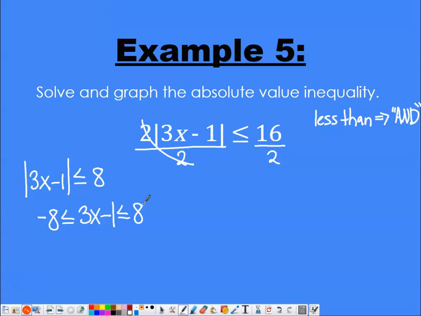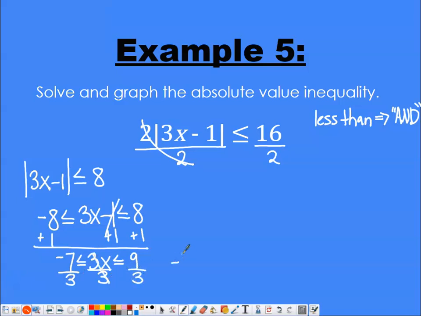Now we just have to solve. Add 1 to the left, center, and right. So here we have negative 7 less than or equal to 3x less than or equal to 9. And then divide. So we have negative 7/3 less than or equal to x less than or equal to 3.